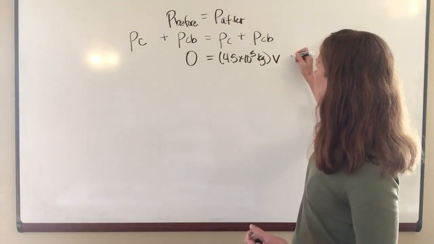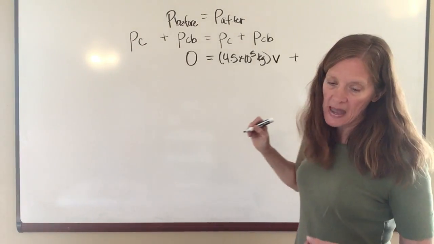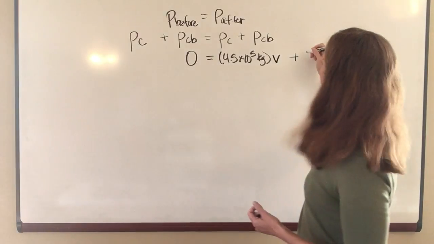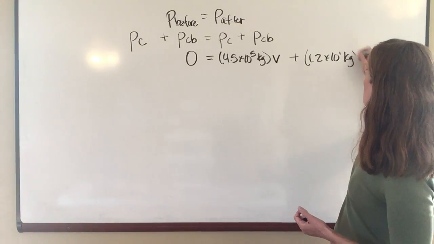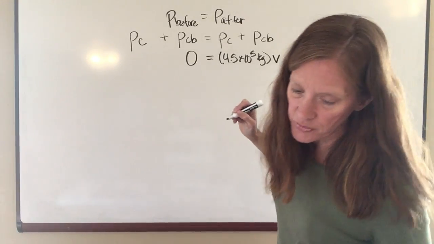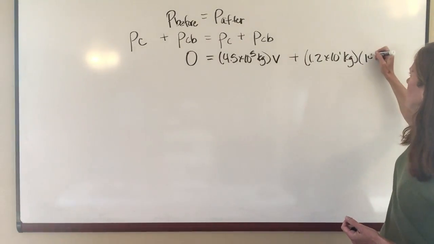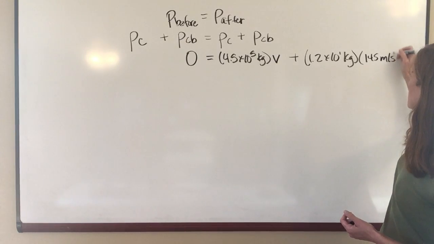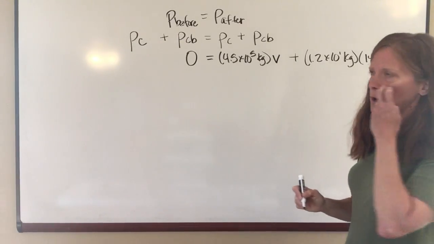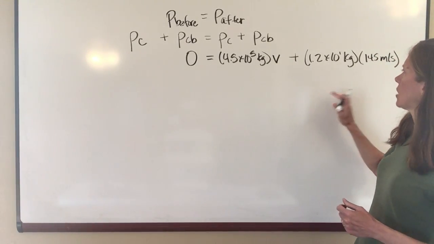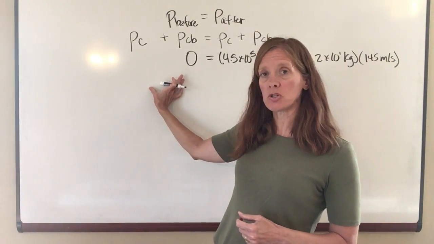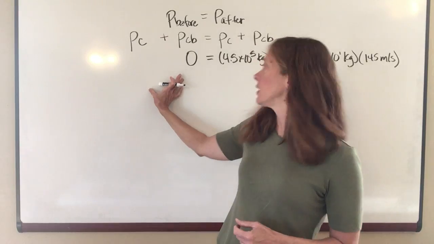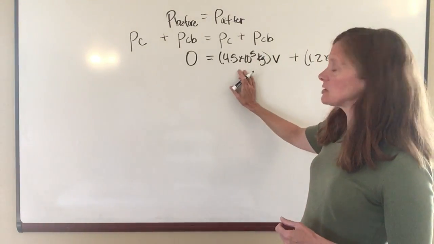So I don't know the velocity of it. The mass of the cannonball was 1.2 times 10 to the 1st kilograms, and I know that its velocity was 145 meters per second. Okay, so when I solve this equation, I'm going to move this over to the other side, at which point it becomes negative, and then I'm going to divide both sides by this mass.